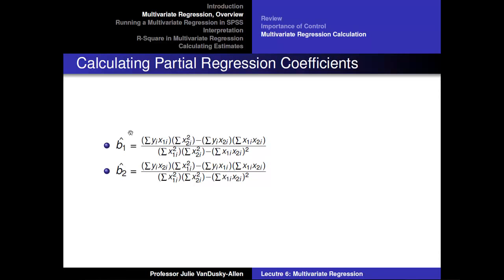So in calculating b hat for the first independent variable x1, you would take into account variations in the first independent variable and the second independent variable. This is similar to calculating b hat for the second independent variable.